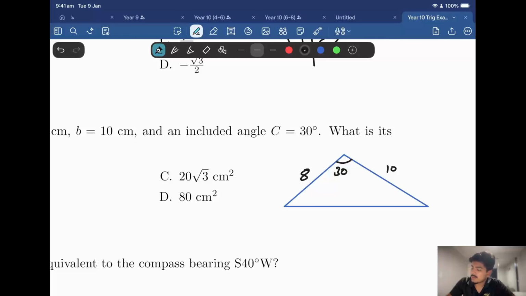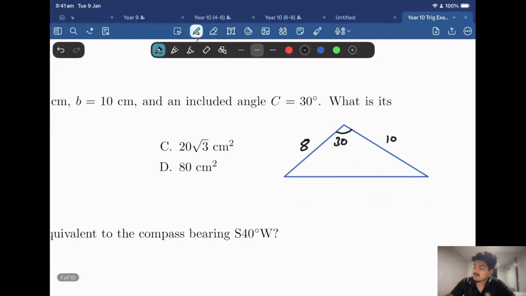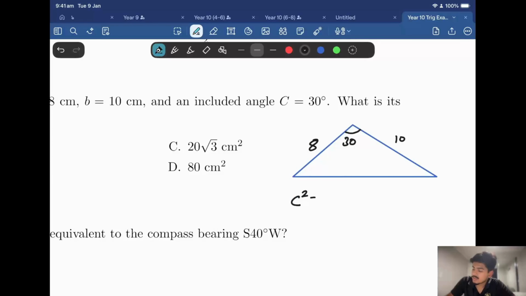Okay, and then what can we do? We can find the side by doing C squared is equal to A squared plus B squared minus 2AB cos C. C squared is unknown. We know A squared is 8 squared, B squared is 10 squared, minus 2 times 8 times 10 times cos 30.